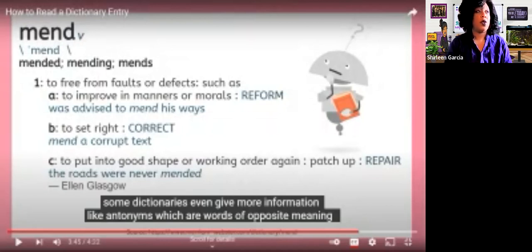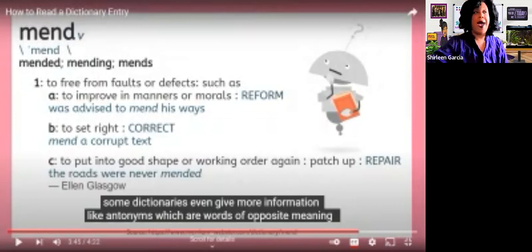You could also use it as mend or to correct something, to set something right. I fixed or I mended a corrupt text message. And then C, you can use it as a synonym of repair, which means to patch up or to put it back in working order.